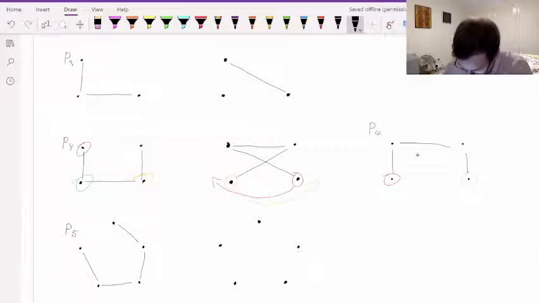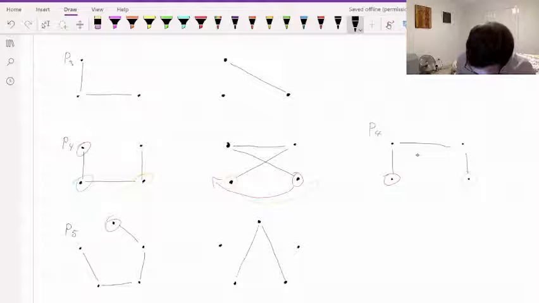Now we consider P5. I'm going to take this vertex in red first, going to go across to here, as well as here and here. Now the yellow vertex is connected across to here and here.